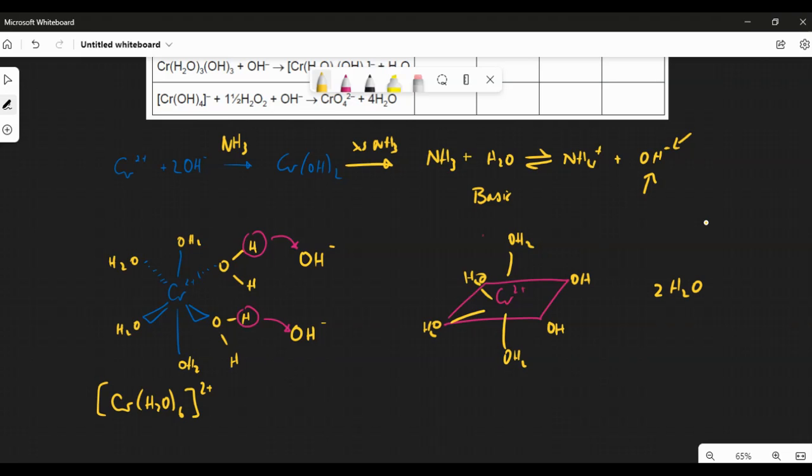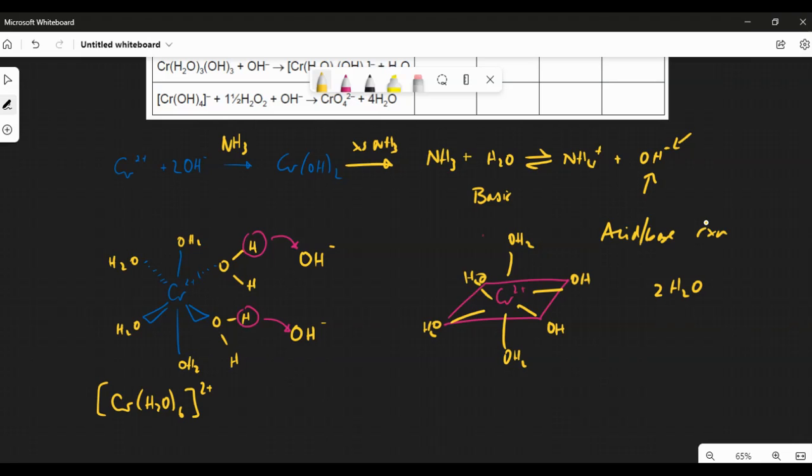Now, is this a ligand exchange reaction? Well, not really, because the ligands haven't been exchanged. Protons have just come off the water molecule ligands. So this is actually an acid-base reaction. I hope that makes sense. That's an acid-base reaction, not a ligand exchange. Some people might think, haven't the hydroxides replaced the waters?